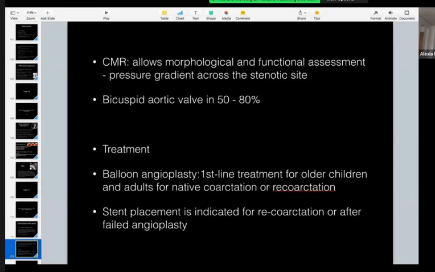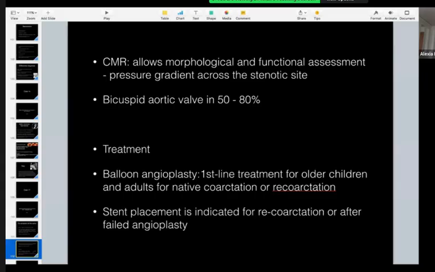So cardiac MR allows morphological and functional assessments. You can calculate the pressure gradient across the stenotic site. You can evaluate for a bicuspid aortic valve, which is an association in 50 to 80% of patients. So a substantial amount of patients also have bicuspid aortic valve.